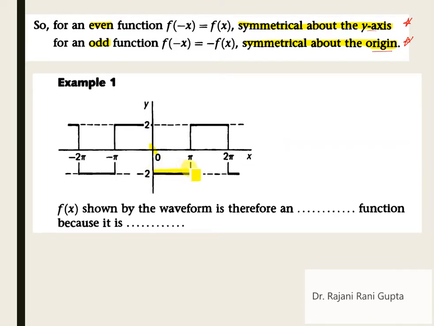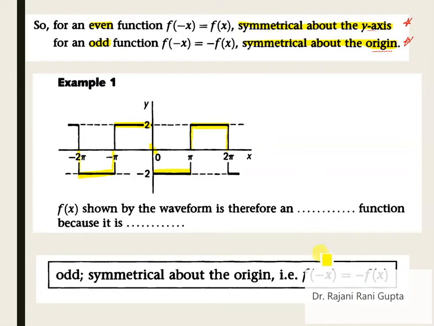It is symmetrical about the origin. See this behavior, it's going up and then down, whereas on the other side it is down, up, down, like this. So this is symmetrical about the origin. If it is symmetric about the origin, it is an odd function. So this is how we can say it is an odd function, because it is symmetric about the origin.